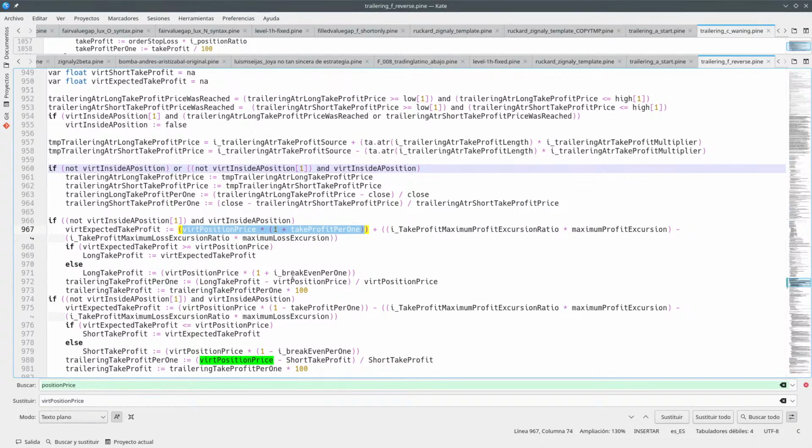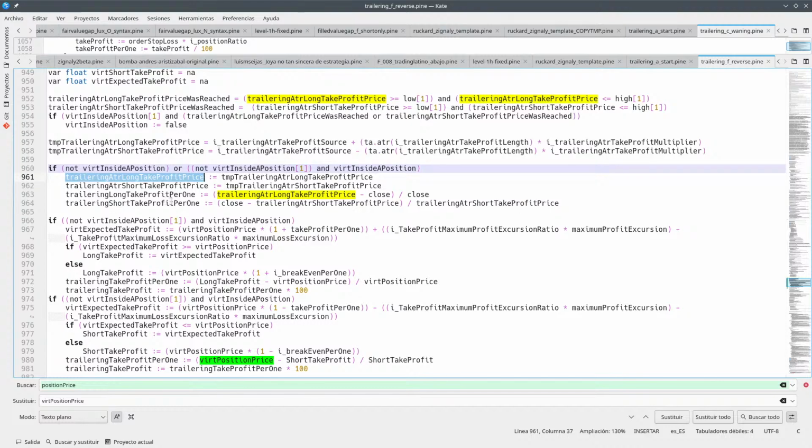Question is, are we going to change this price every time? And the answer is yes, we are going to change it. Or is it not this thing here? No, this is not this thing here.